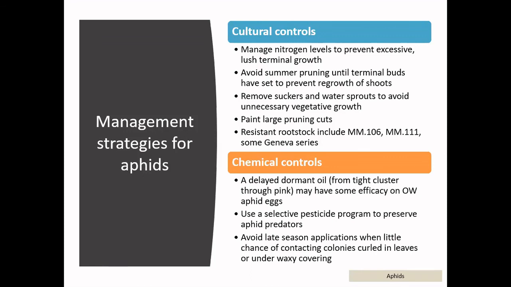So in terms of chemical controls, the use of a delayed dormant oil applied for mites may have some efficacy on overwintering aphid eggs, but otherwise, really select chemical controls that have the lowest impact on those beneficial organisms to help maintain that control for aphid pests.